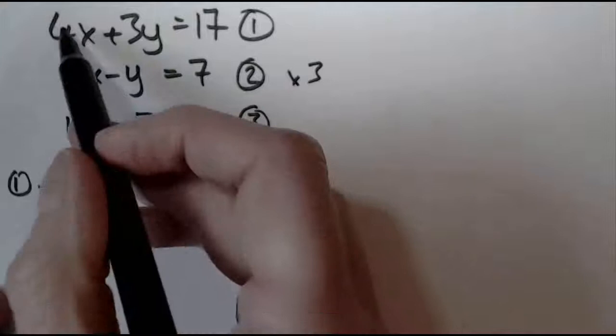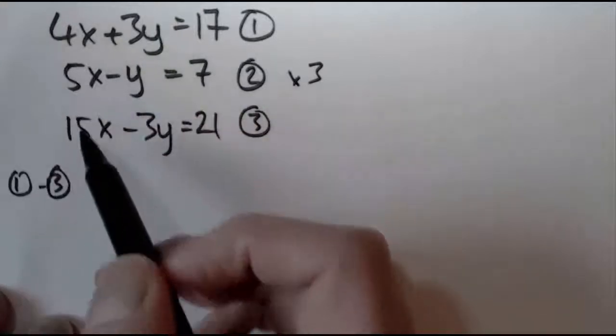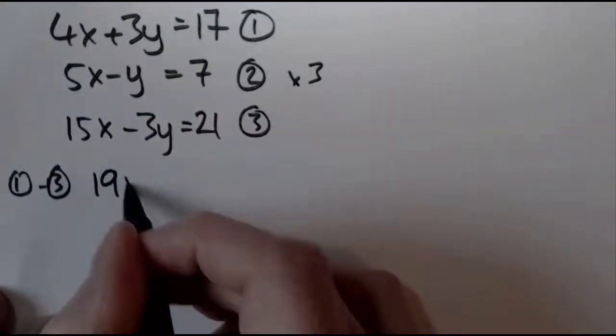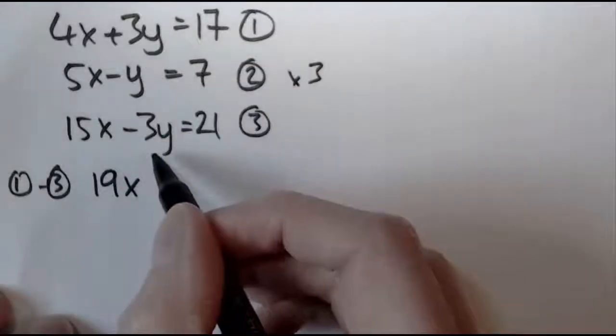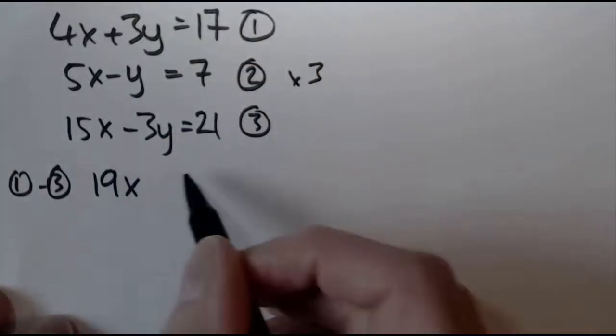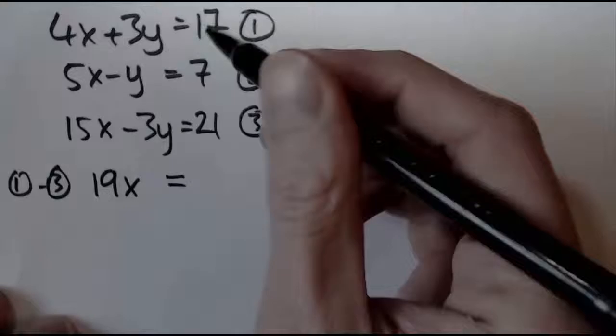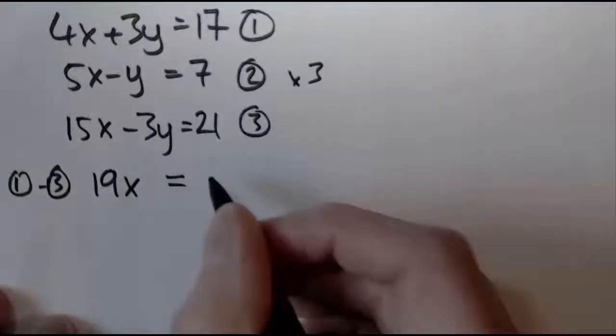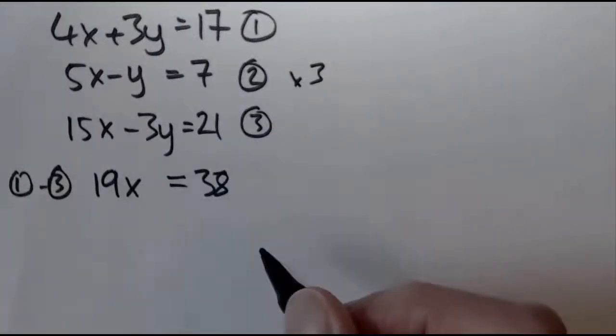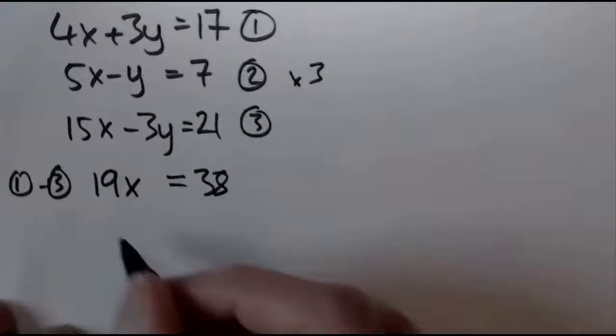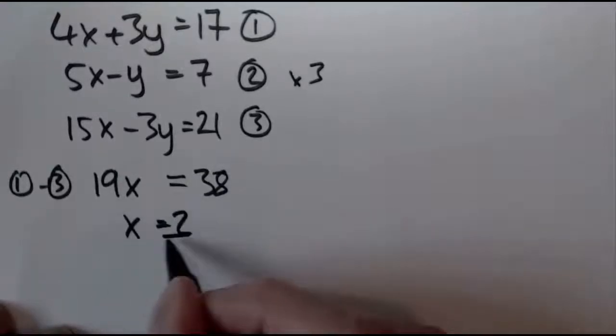If we go 4x plus 15x, that's 19x, 3y plus minus 3y is 0, then we have 17 plus 21 and that's 38. So 19x equals 38, so x equals 2.